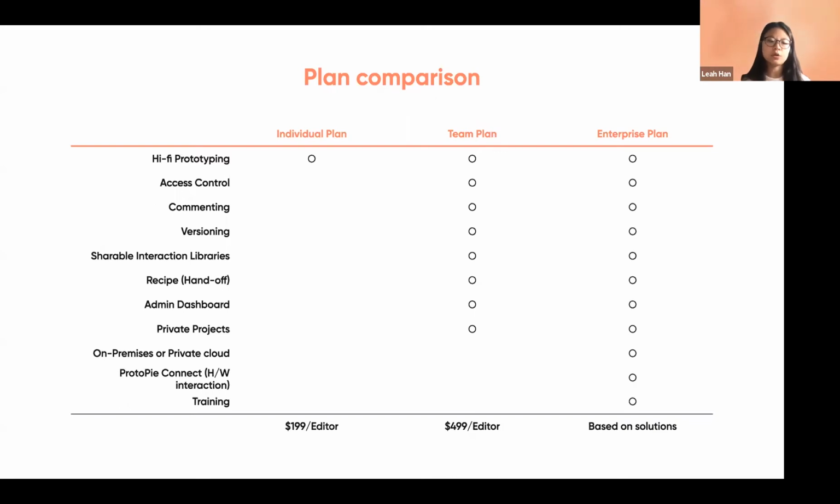And the biggest difference between team and enterprise is the security part. So let's say your company does not allow you to upload Pi files to an external server, in that case, the enterprise plan is right for your company. And we also provide ProtoPie Connect, which is a kind of plugin of ProtoPie. Currently we only provide it to enterprise users.